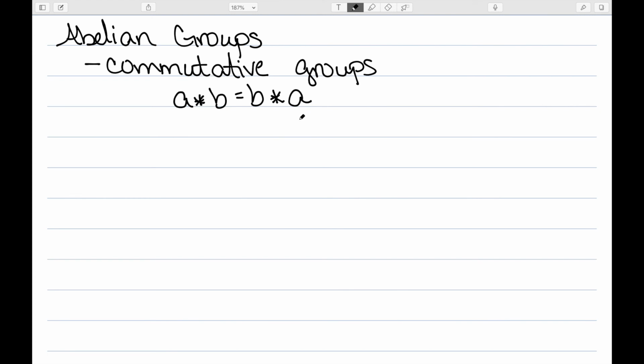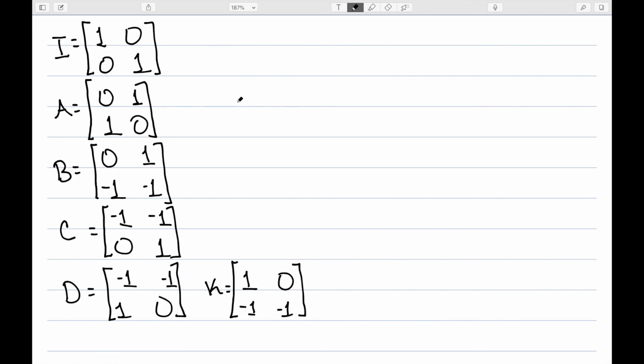So far, all of the examples that I've looked at have been abelian groups. So let's try to figure out one that's not. And most people's go-to of something that is not commutative is matrix multiplication. So let's look at that. Here I have 6 matrices, and I claim these are a group under the standard matrix multiplication.